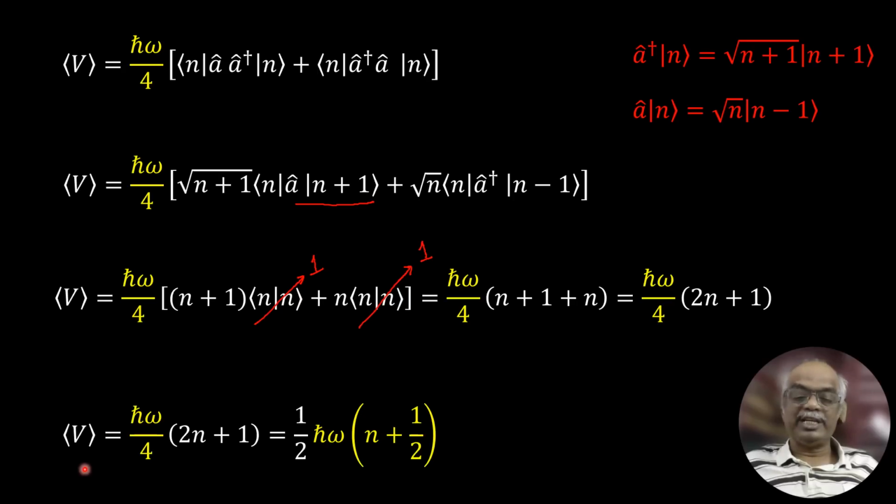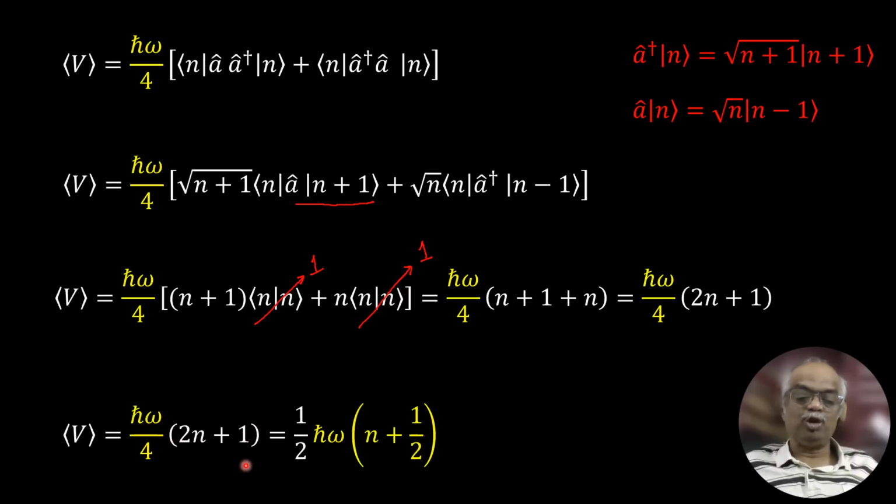Now the expectation value of potential energy is h cross omega over 4 times 2n plus 1. Now I am keeping h cross omega outside. That is, I am taking 2 out of the bracket, this 2n. If you bring 2 here, what will happen?